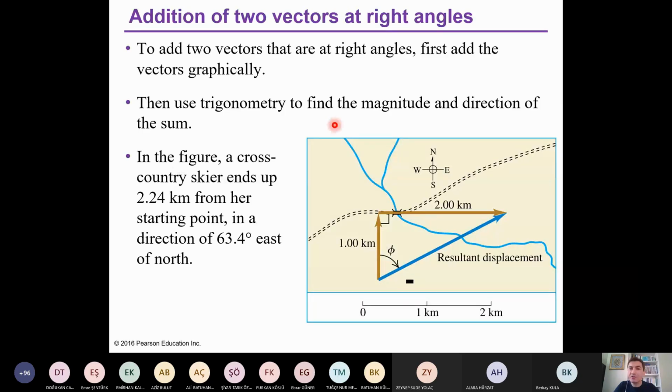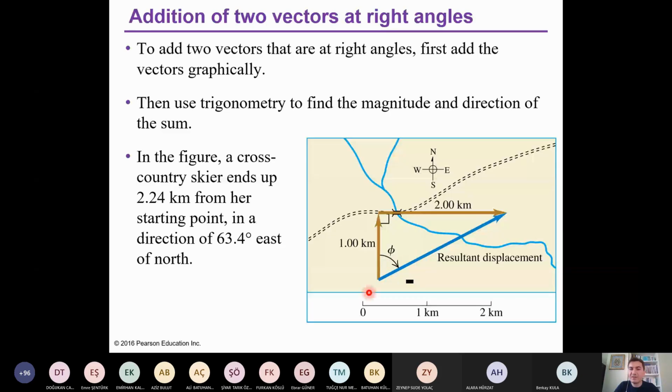In order to calculate magnitude and its direction, we have to use trigonometry. You already know this information from your high school years, and by using that information, we will calculate the magnitude of the resultant displacement, and also we will find its direction.